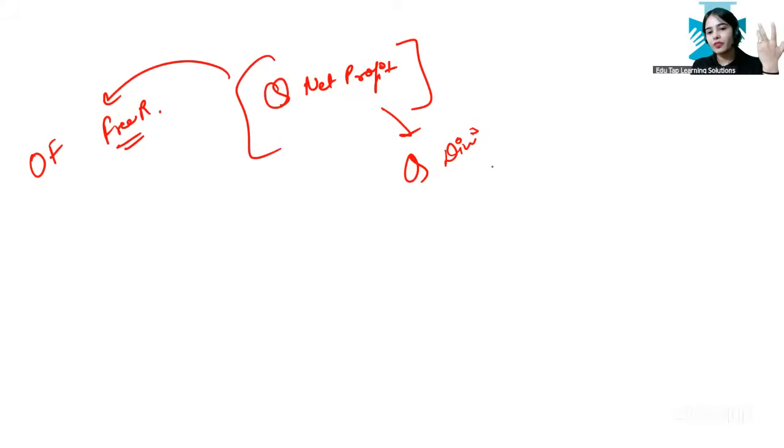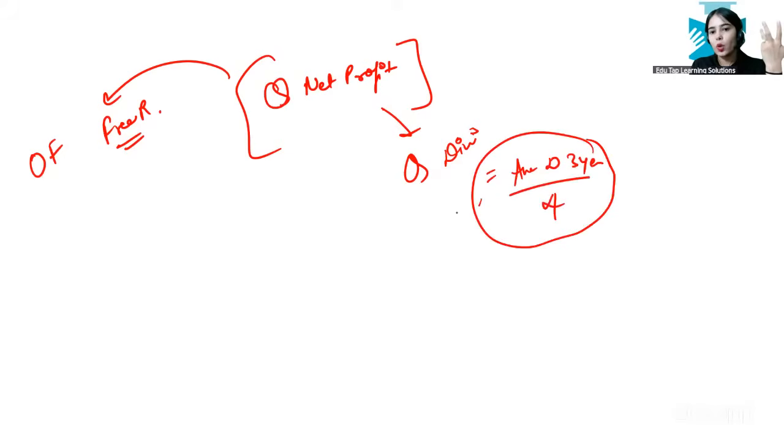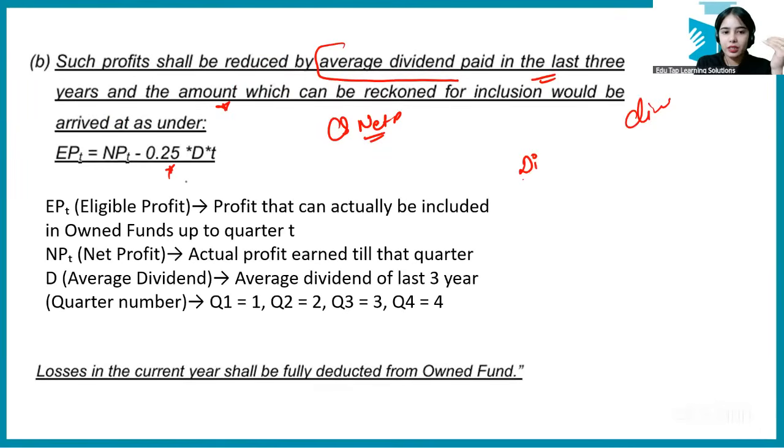So in this case, we will take the average of the dividend in the past 3 years and divide it by 4 to estimate the quarterly dividend. And this quarterly dividend will be deducted from the net profit earned in the quarter.